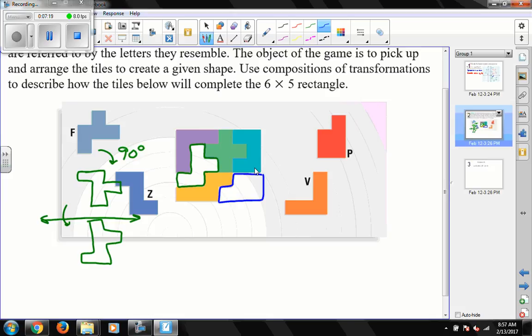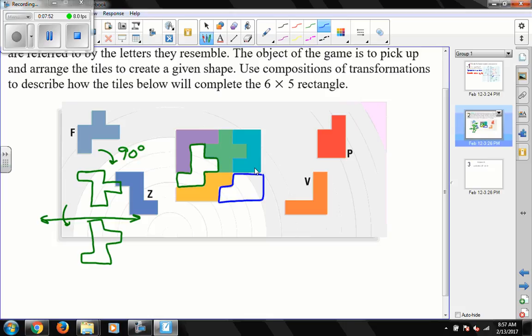It's a Z shape, and the space available is not a Z shape. It's more of an L shape. So now we've narrowed our options down to V or P. Both are L-shaped. However, looking at the available space, V is about the same length going left and right as it is up and down, whereas P is a little fatter in width than it is in height. So that one looks like the better option.